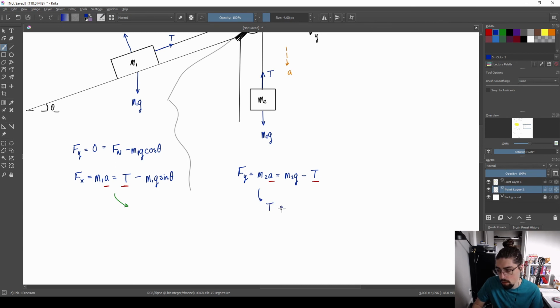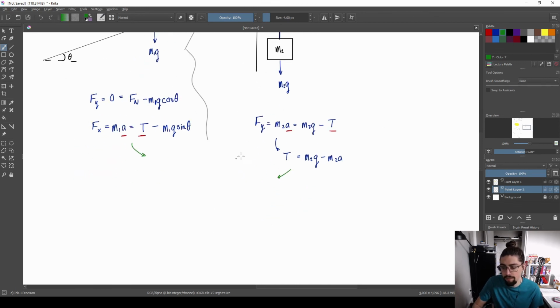Tension should be equal to M2G minus M2A. Something just like that. Okay, now let's take this thing together. What we end up getting is M1A, plug in what we just found for tension, minus M1G sine of theta. Remember that we are after our acceleration here.